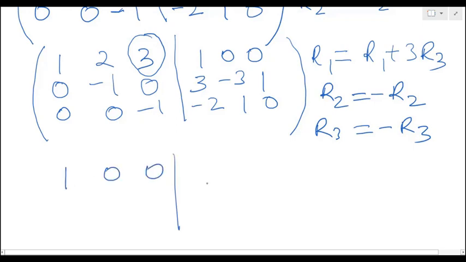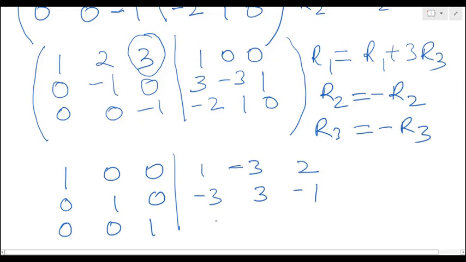Right hand side we have 1, minus 3, 2. Row 2 becomes 0, 1, 0. Right hand side we have minus 3, 3, minus 1, and row 3 becomes 0, 0, 1, 2, minus 1, 0.